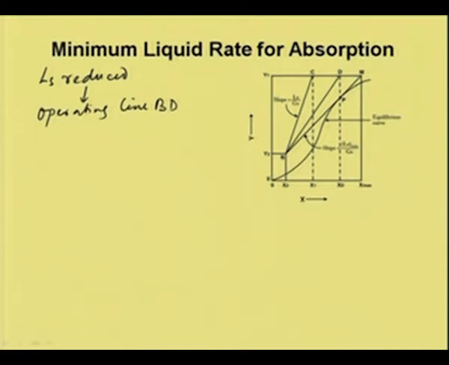So, this is B and D. If we reduce the liquid flow rate, the operating line slope will decrease, and it comes closer to the equilibrium line.